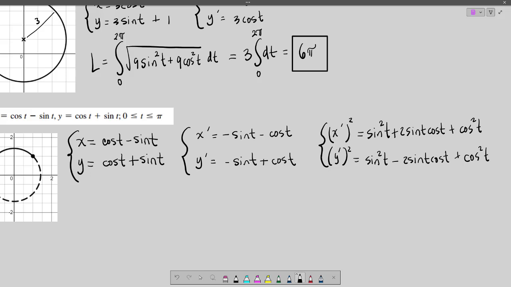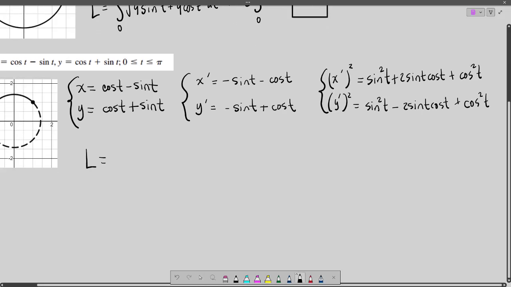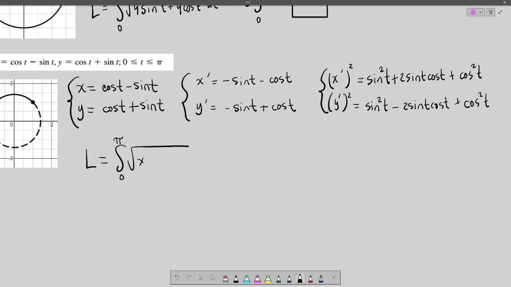So our arc length formula says that L equals the integral from 0 up to pi of the square root of x prime squared plus y prime squared dt. So we need to add these two things together. If we add them, we get 2 sine squared of t, the middles cancel, plus 2 cosine squared of t. And what does that all equal? 2.